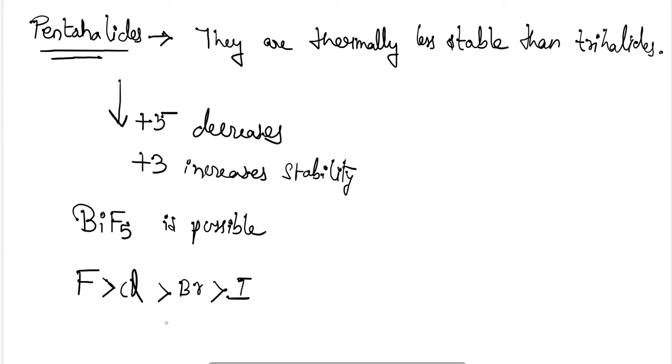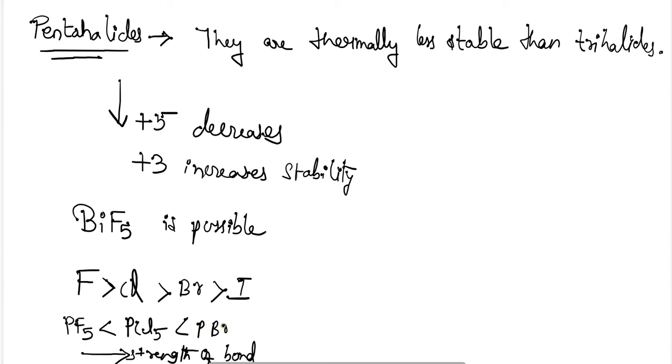It means that going from PF5, PCl5, PBr5 to PI5, the strength of the bonds decreases due to the increased size of the halogen atoms.